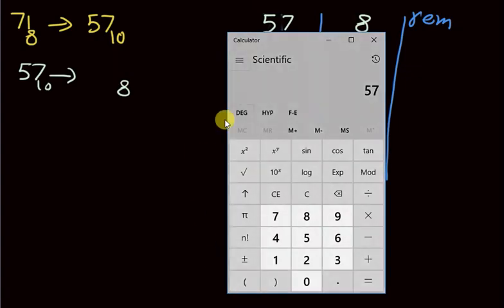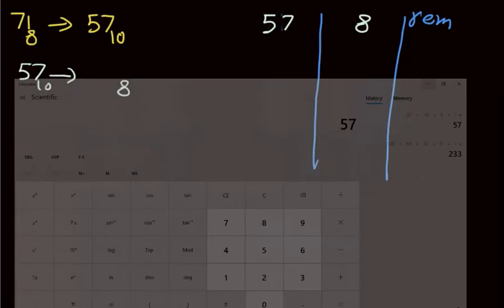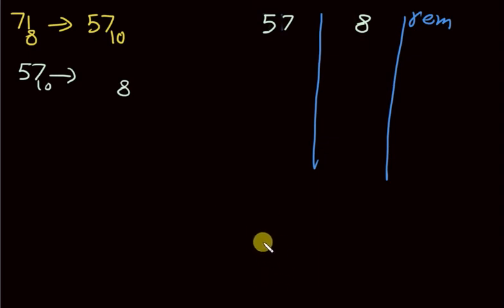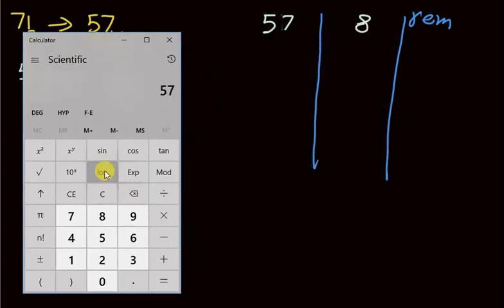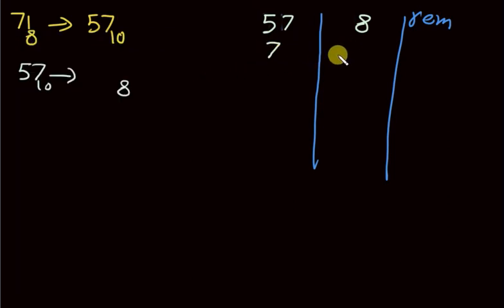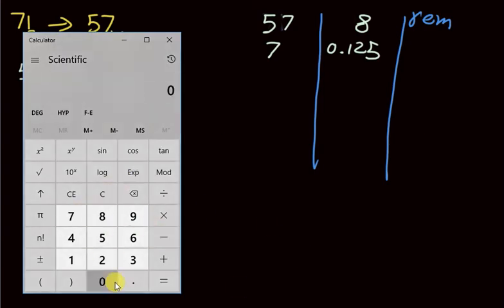So first I'm going to divide 57 by 8, which is equal to 7.125. 7 will come here, 0.125 will come here, and 0.125 multiplied by 8 will give me 1.